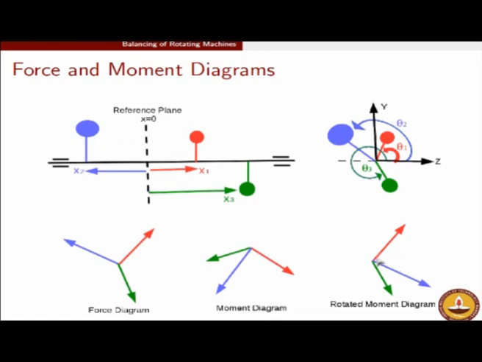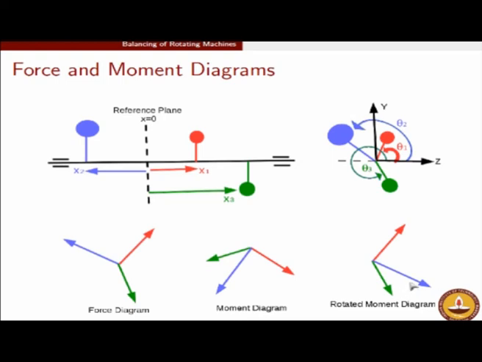And now what I get to see is that my moment for those unbalances which are to the right of my reference plane is exactly aligned to the forces. The moment for the red and the green is exactly aligned with the forces. The moment for the left unbalance is exactly opposite to the force.